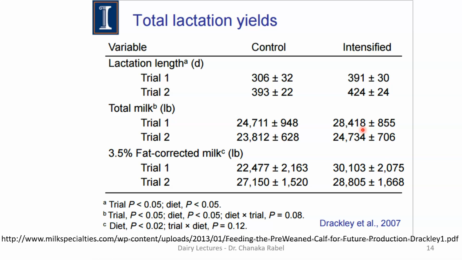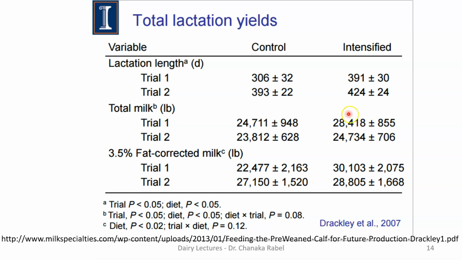So one of the major criteria of valuation of milk, pricing of farm gate milk, is based on fat percentage. So we calculate something called fat corrected milk. When the fat corrected milk was calculated, obviously this gives more milk, because of that calculation I told you about.